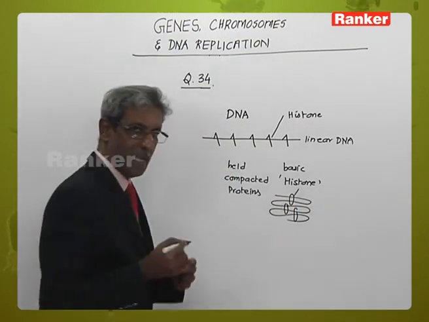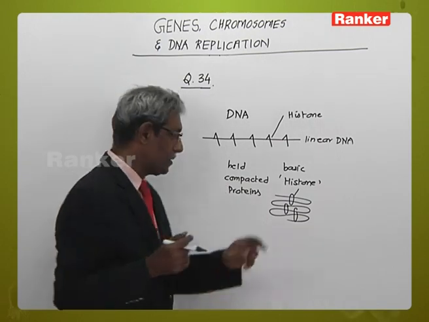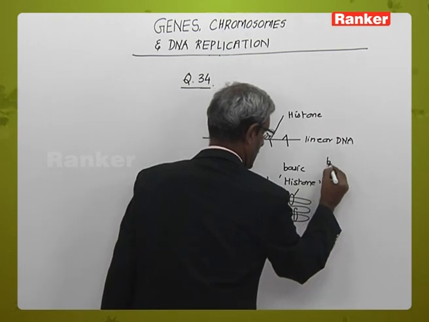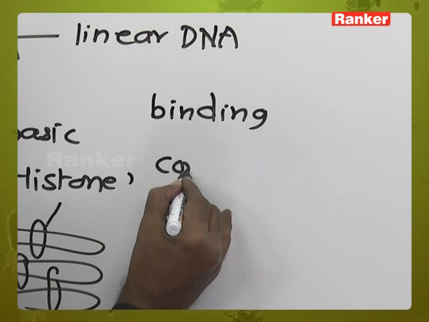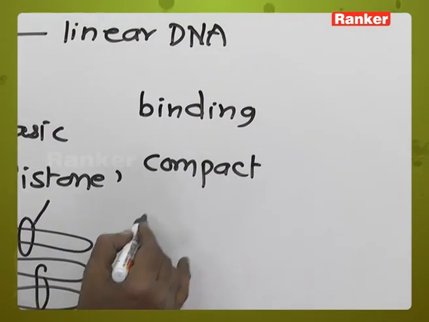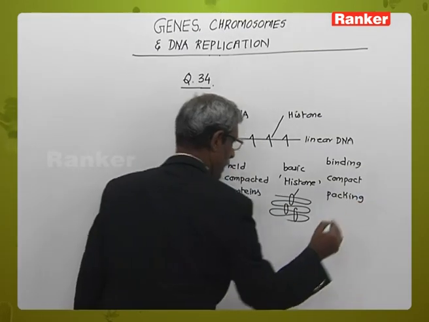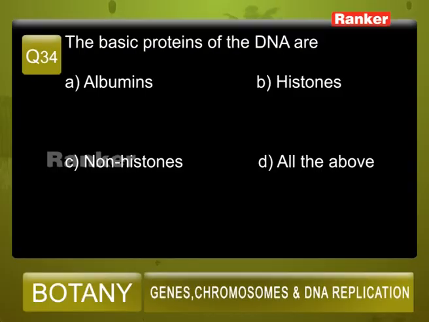Histone proteins act just like clips by means of which you can hang clothes. Similarly, histone proteins are binding proteins, involved in compacting the DNA as well as the packing of the DNA into chromosomes. So, the answer is B, relating to histones.